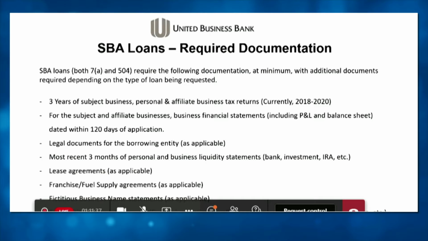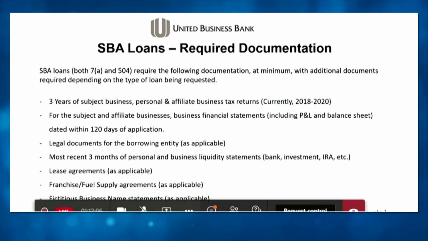Many times, more often than not, when we ask borrowers for a set of business financial statements, we receive just the profit and loss, or the income statement. Most people know when we ask for business financial statements, that's what they prepare. Like, here's my income statement, or here's my profit and loss.